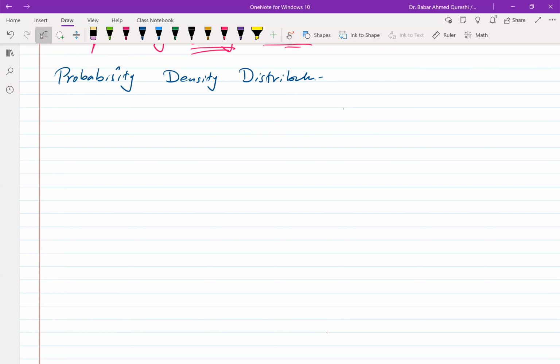Like weights, you may be weighing something and it can take continuous values. Length can take any values. So those kinds of variables are continuous variables, and you encounter them a lot. You're looking for the price of something, it can take any value depending on how precisely you measure it.